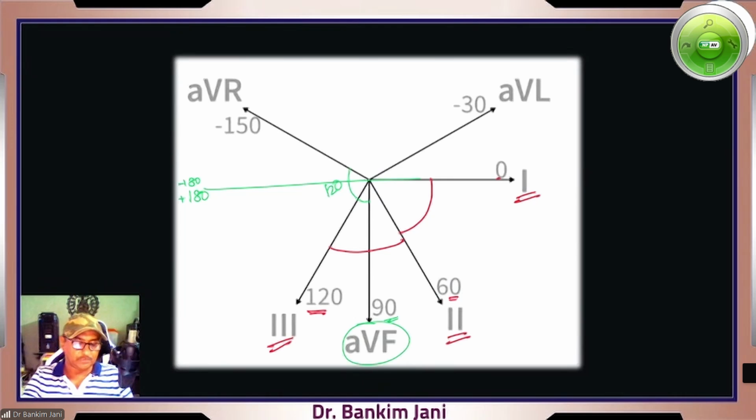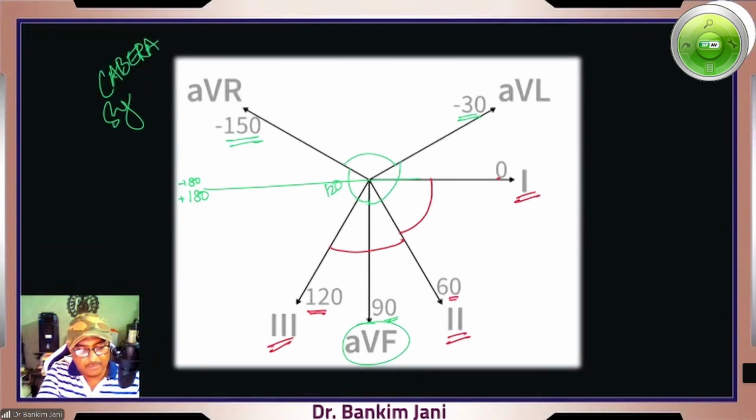So 30 degrees more when it is traveled, it is minus 150. And similarly, this is minus 30. But basically, all are at a gap of 120 degrees. So this whole thing collectively is what is called the Cabrera system. We'll be using this extensively for all purposes.